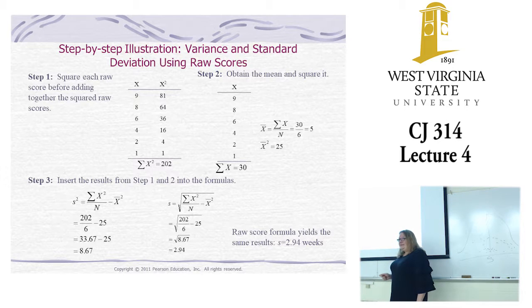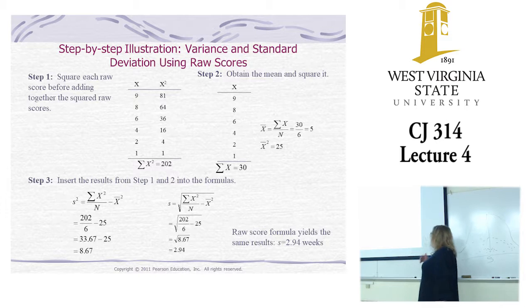Cool. Step 2, let's find that mean, and then we're going to square it. You know how to find mean. Everything added up, divided by n. So we added up all of our raw data points: the 9 plus the 8 plus 6 plus 4 plus 2 plus 1, we've got 30.